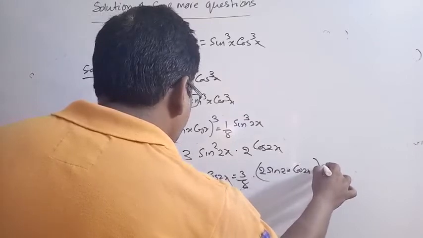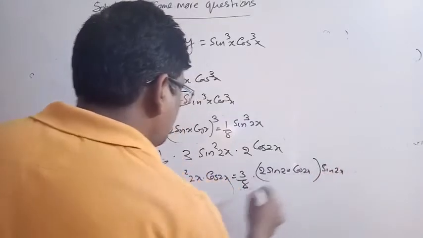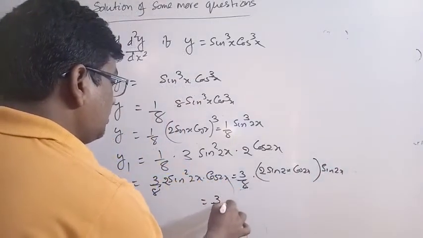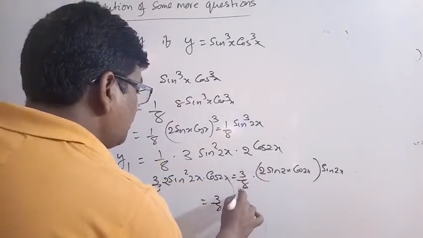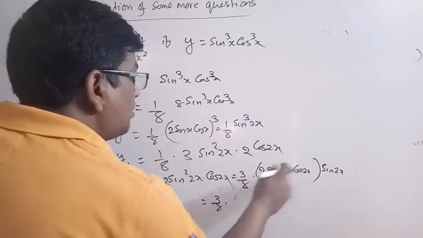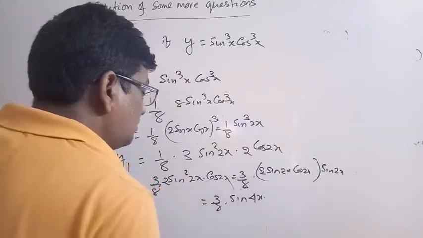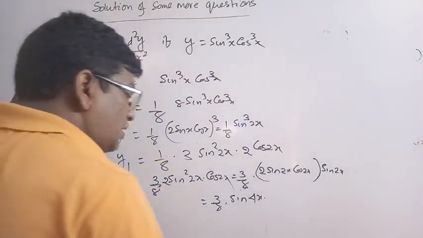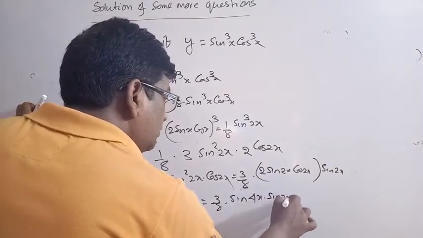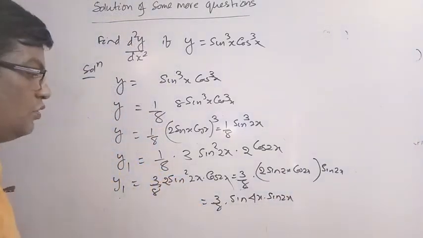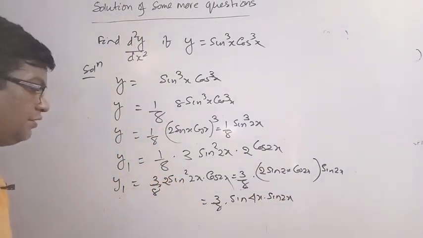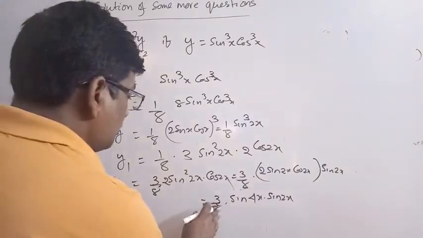Sin square into sin 2x. So 3 by 8, this is what? 2 sin theta cos theta is sin 4 theta, so sin 4x into sin 2x. Okay. So this can be written as what?